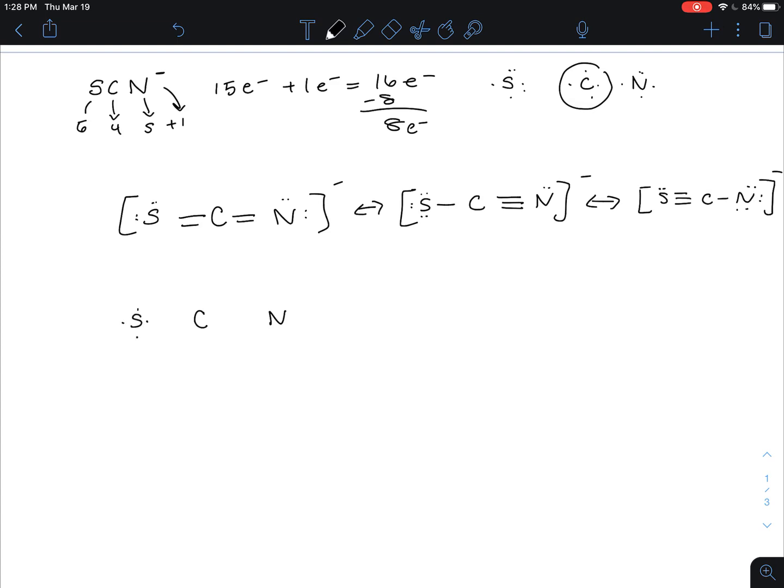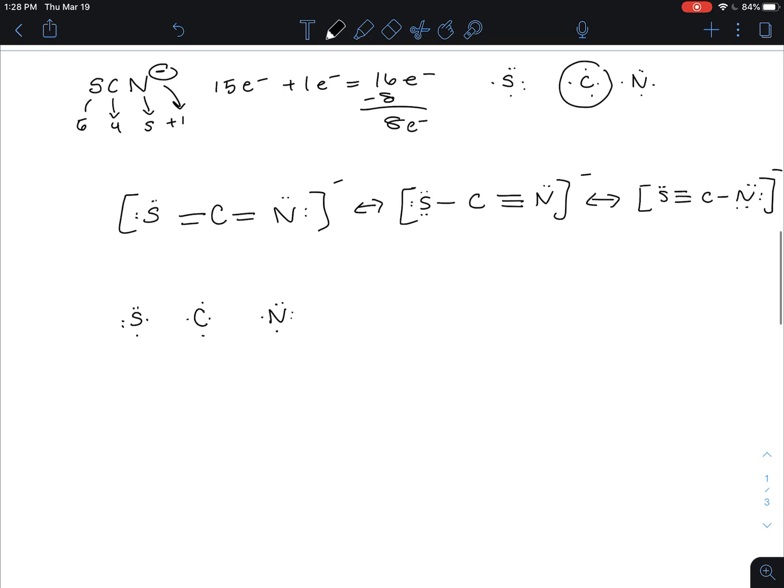Now this was just putting out the bonds. Let's do it the other way. Let's say carbon, nitrogen, sulfur. Sulfur has 6 valence electrons, right? Carbon has 4. Nitrogen has 5. Now I have this extra electron here that I have to give to a structure. Now between these, which one is the more electronegative element?